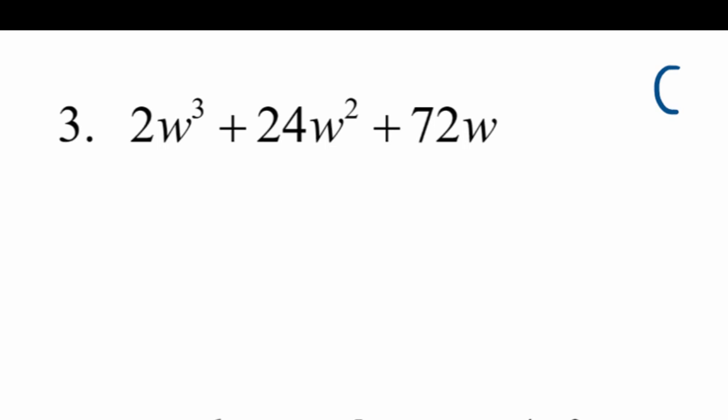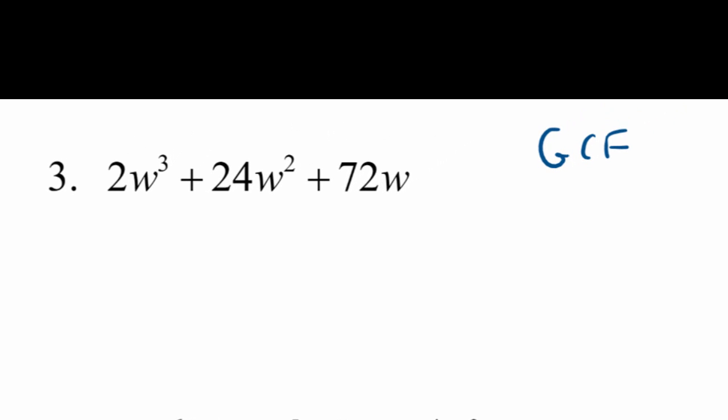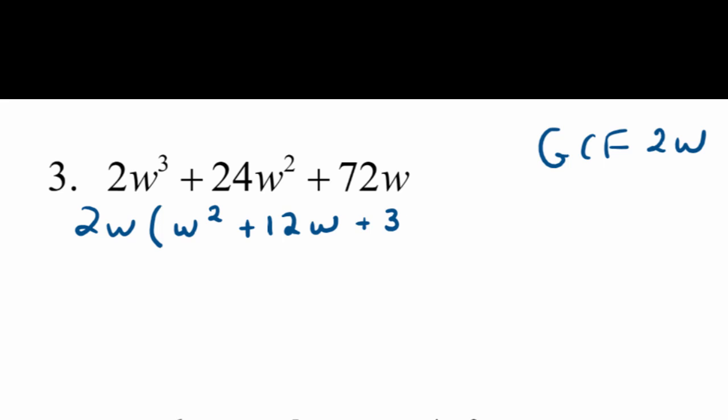In number 3, did you notice a GCF? Our first step is going to be to factor out a GCF of 2w. So we're going to factor that out first. That leaves w squared plus 12w plus 36. Okay, and then did you notice a square as our first and last term? Yep, those are perfect squares in the trinomial.